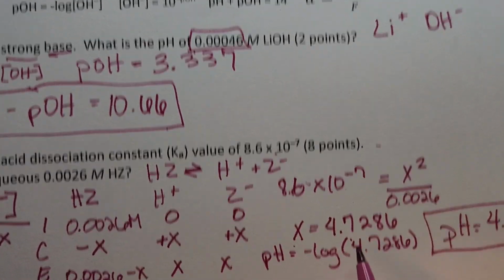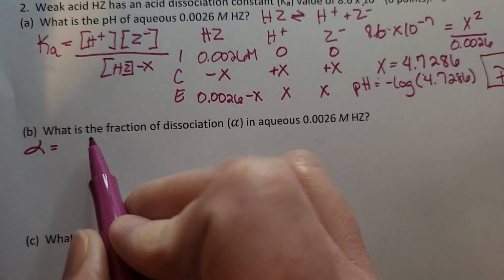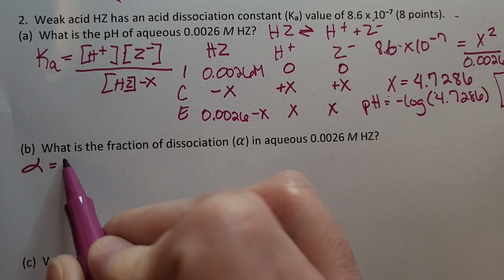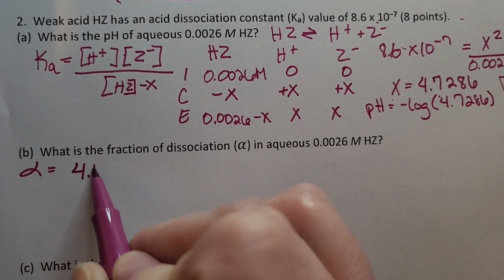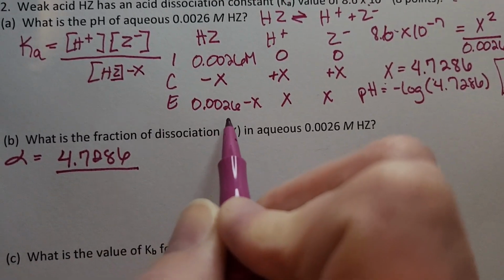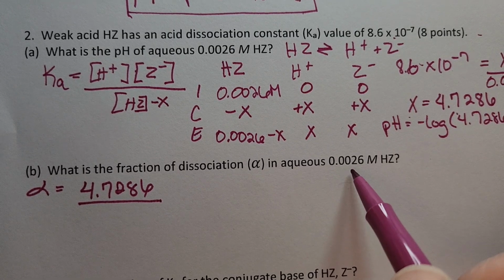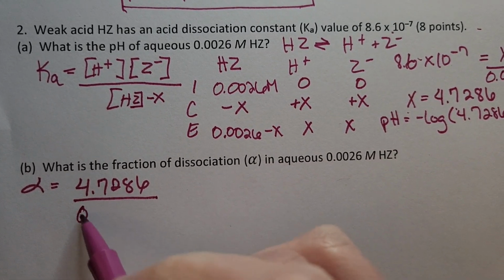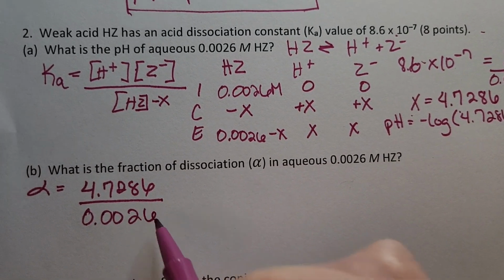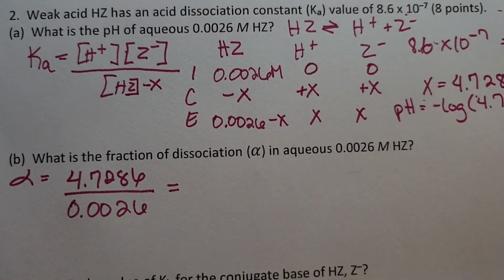Alright, so we've got our x value already right here. So we're just going to carry that one down, and this is going to be 4.7286 divided by our concentration, which is 0.0026. And we're going to get our answer.